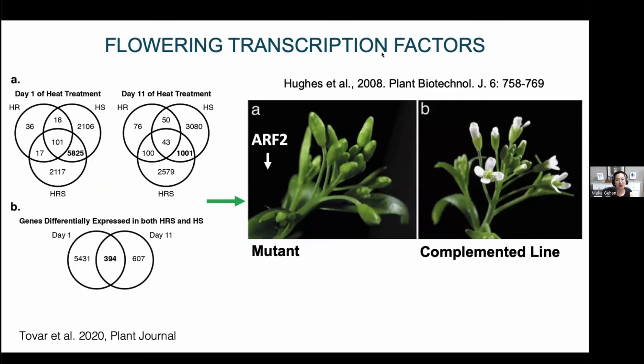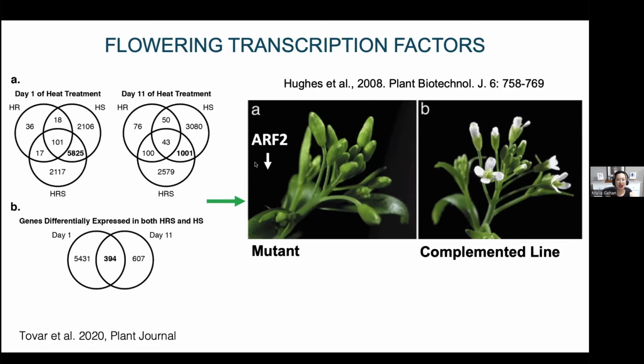And so we did an RNA-seq experiment on plants under those heat stress conditions. We found that there are about 400 genes that were commonly differentially expressed in the samples with reduced yield. Out of those 400 genes, there were 10 transcription factors. All but one actually had something to do with flowering.